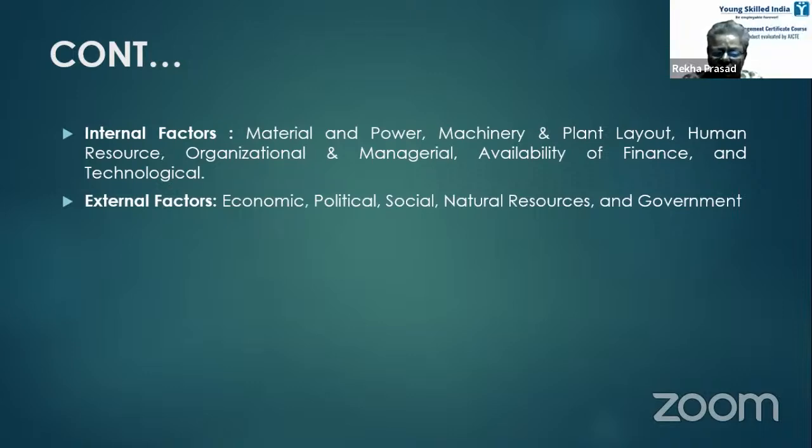Social factor is also not under your control. Natural resources is also not under your control. And government is also not under your control. So how you can utilize whatever is there in the economy, what is in the political and social nature of the region where you're working, you have to work accordingly so that you can produce the optimum number of products or services.